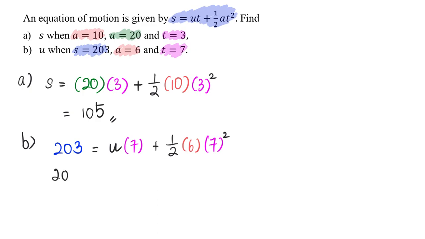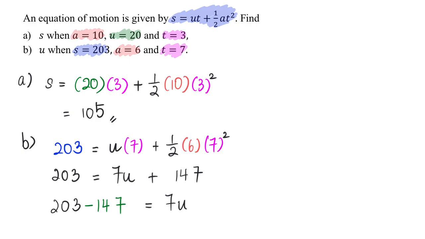So let's move on to find my u. So this will be 203 equals to 7u plus, this will give me 147, and the next line would then be to minus 147 on both sides, so that I will be able to get my 7u, and let me just write it on the other side of the screen.